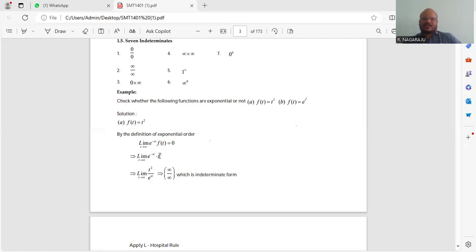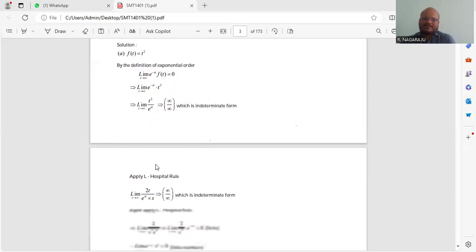This is the definition. So for t square, limit t tends to infinity of e^(-st) into t square. Here e power minus st is in the denominator as positive, so if you put t as infinity, it is the undetermined form infinity by infinity.